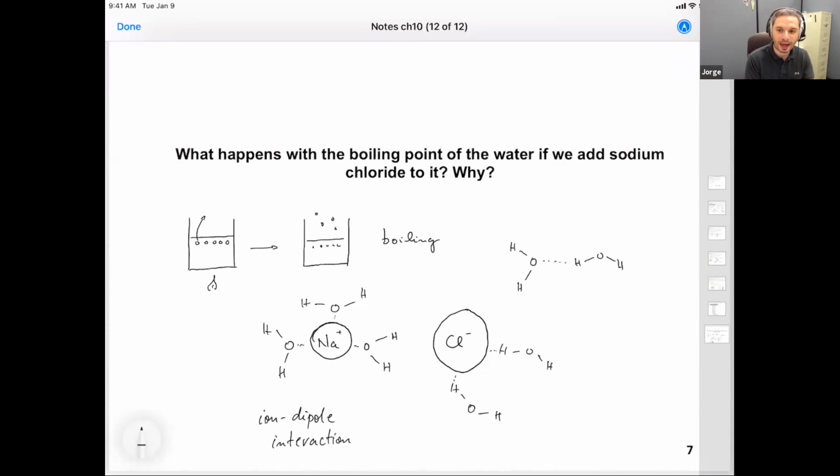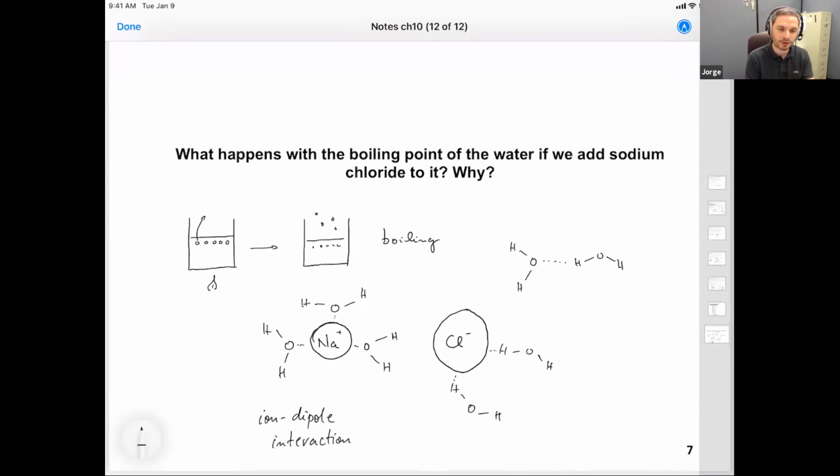Therefore, when we add a salt to the water, the result will be an increase in the boiling point because we are increasing the strength of the intermolecular interactions. The effect on the melting point is going to be a decrease, because now it's harder to get the water molecules together to crash out as a solid.